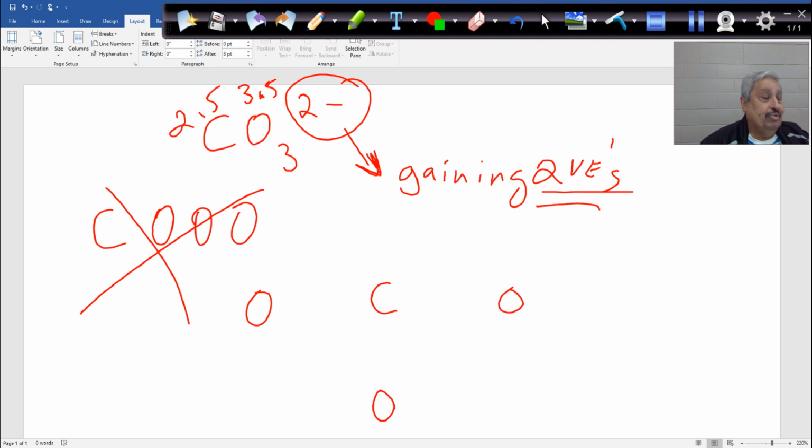Nature will not support this. Why? Somebody tell me why? Oxygen is the second most electronegative after fluorine. They start fighting each other, pulling valence electrons towards themselves, and the whole molecule is not stable. It does not exist because it fights itself. I'll show you another one, the same idea.